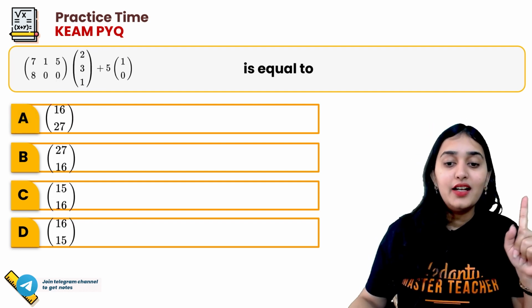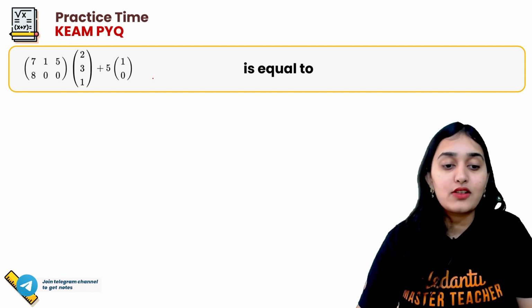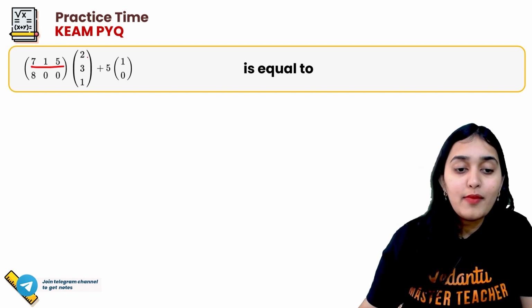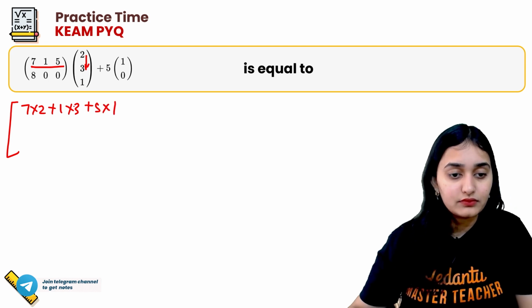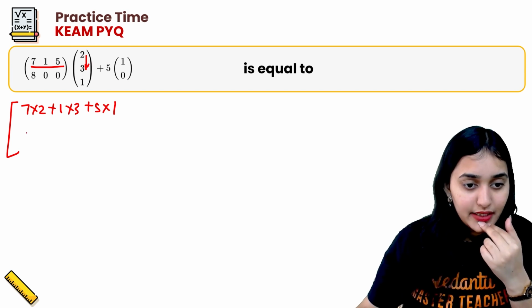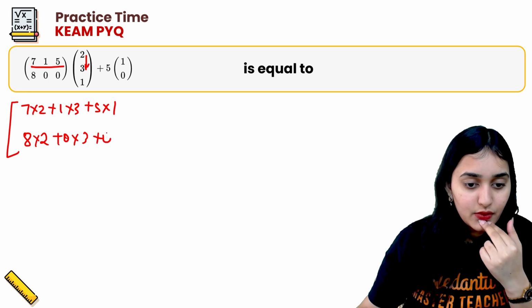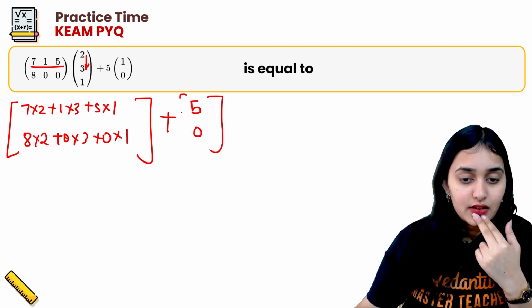Okay. Next question. This multiplied with this added with this is equal to dash. Let's do the multiplication. Row multiplied with column. So we have 7 into 2 plus 1 into 3 plus 5 into 1. Then we have 8 into 2 plus 0 into 3 plus 0 into 1, plus 5. 1 is a 5, 5 0 is a 0.